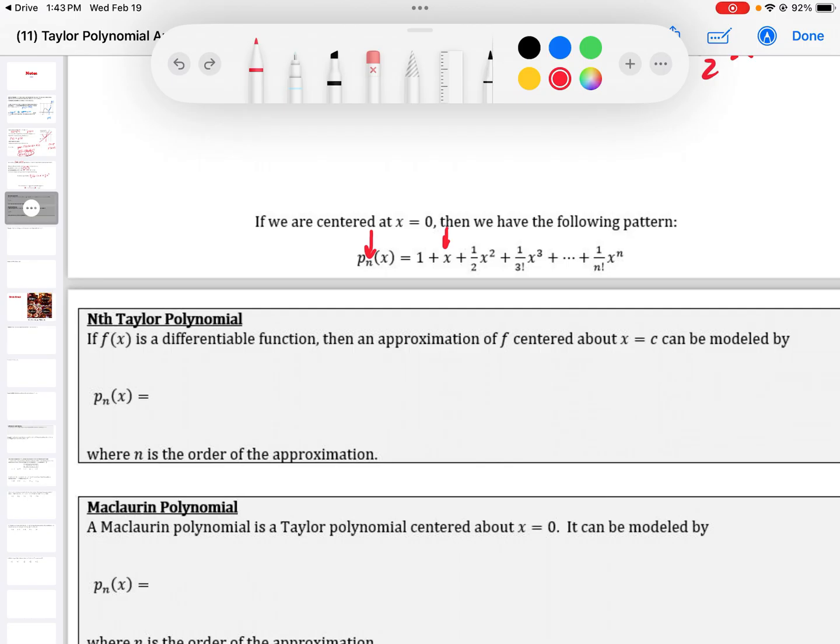All right, so this part says, if f of x is a differentiable function, then an approximation of f centered around x equals c could be modeled by this.